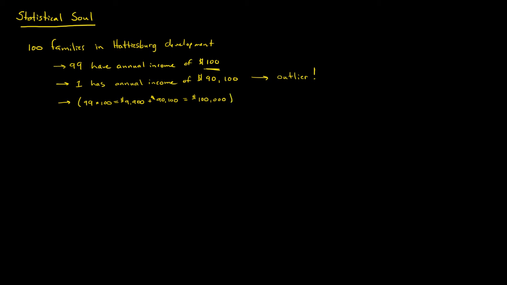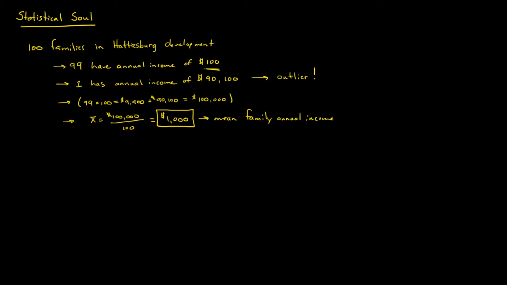To get the mean, my x bar is going to equal $100,000 divided by 100 total families, which gives me $1,000 as my mean family income. So this value right here, the 1,000, is equal to my mean family annual income.